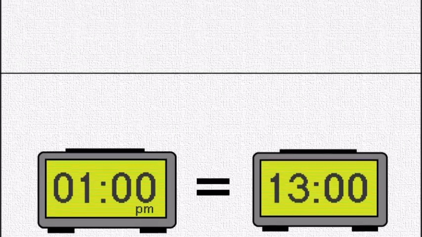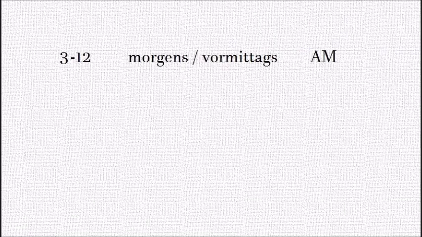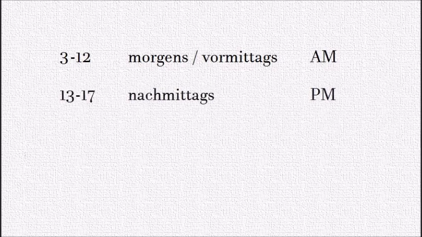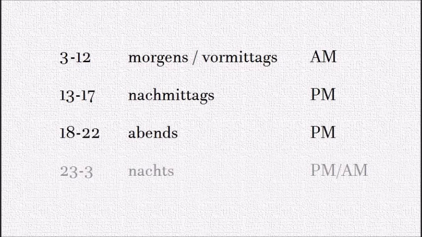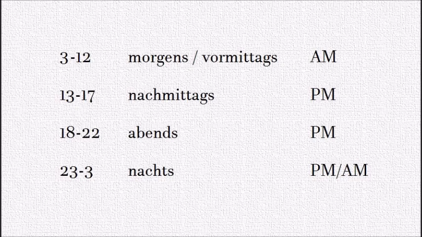If you want to explicitly say AM or PM, you can add morgens for AM, sometimes also vormittags. And for PM, it depends on whether it is the afternoon, after 12, nachmittags, the evening, after 6, abends, or the night time, after 10, nachts.